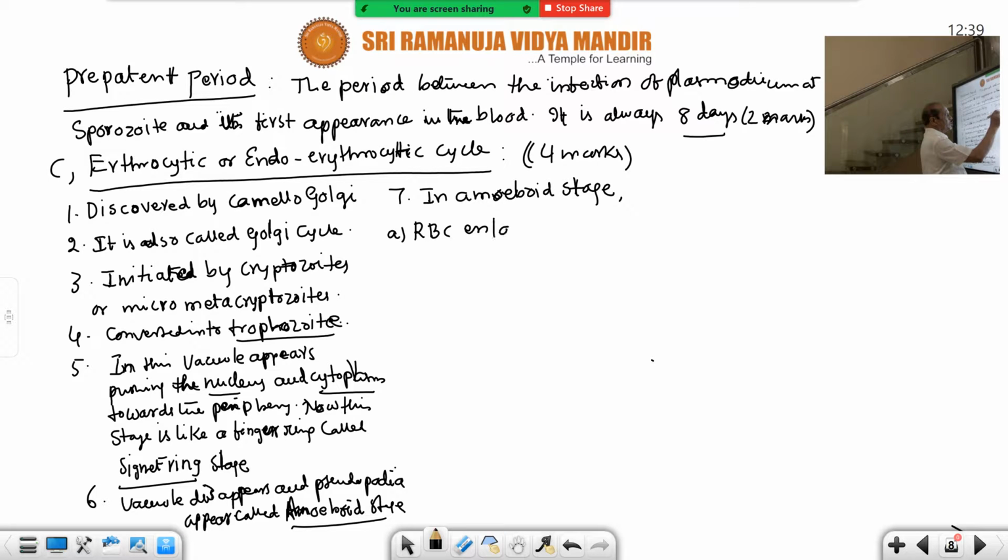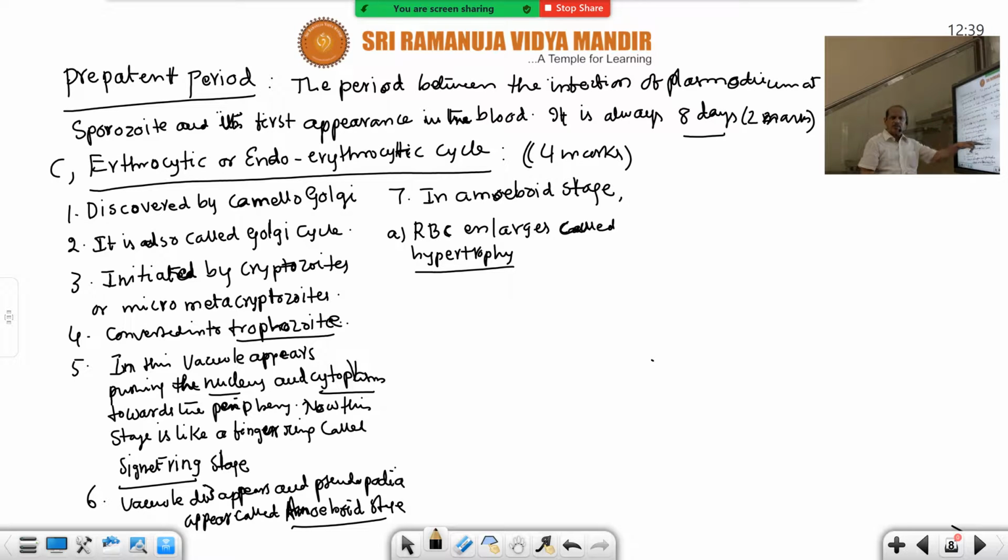First event: many events occur, and the RBC enlarges. This is called hypertrophy, an enlargement of almost double the original size of the RBC. Already in the parasitic effects of parasitism, hyperplasia and hypertrophy were discussed; remember this same word.